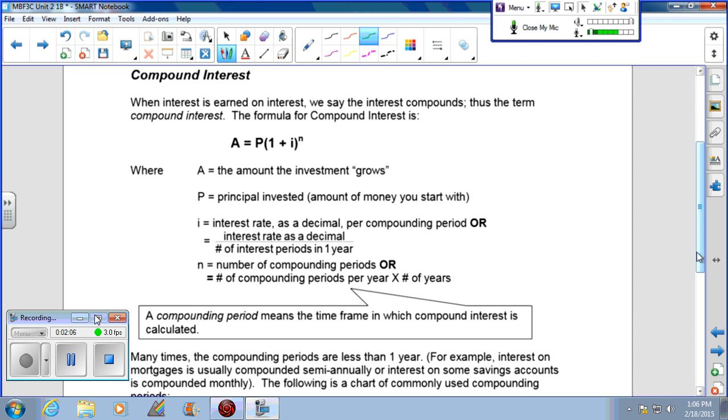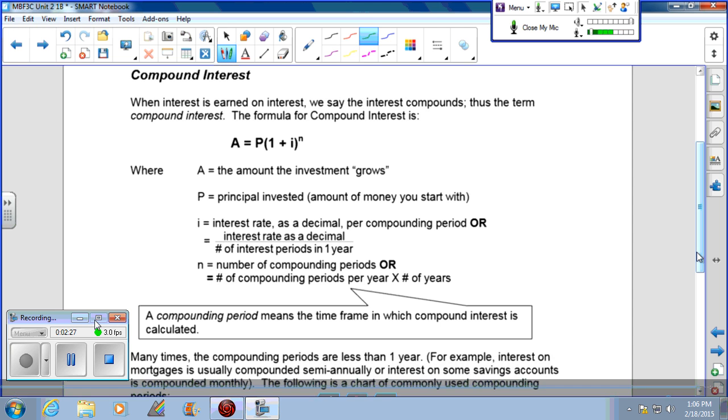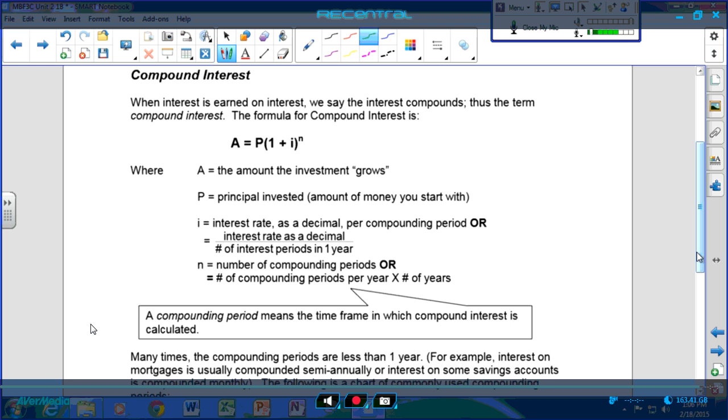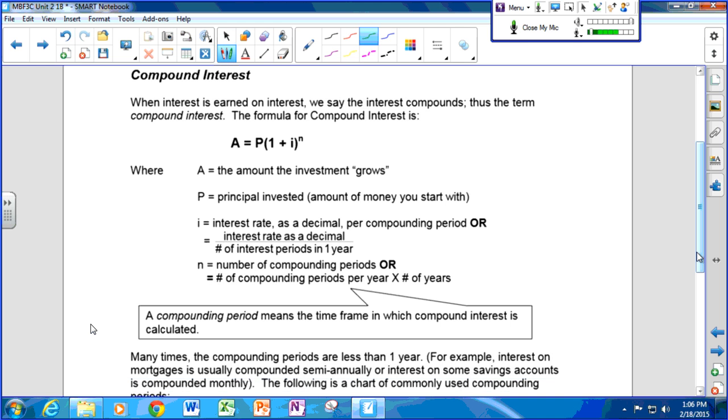Let's say you're compounding monthly, then at the very end of the month they calculate all the interest you've earned or the interest that's owing on the principal, and then add that to the principal, and then in the next compounding period, the original principal plus the interest is used in the calculation for the new amount of interest. So in that sense, the amount of interest compounds, or the amount of money that you're dealing with compounds.